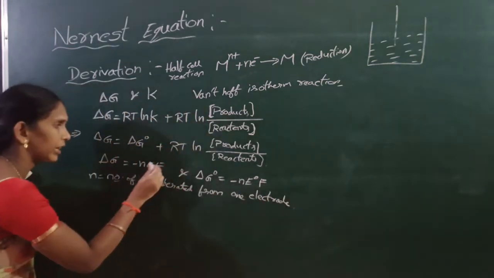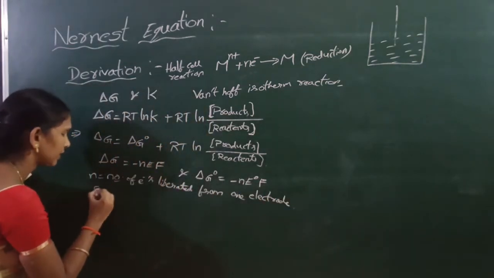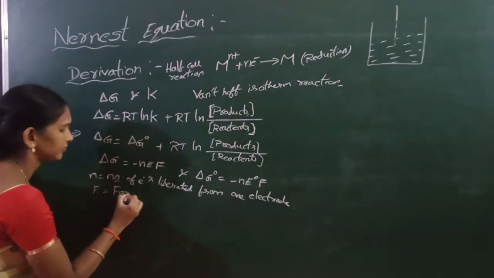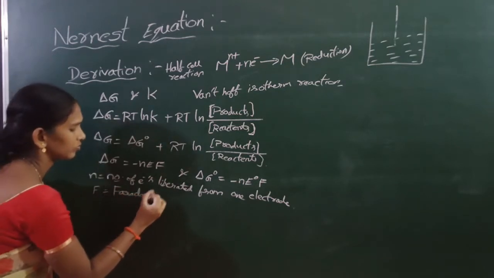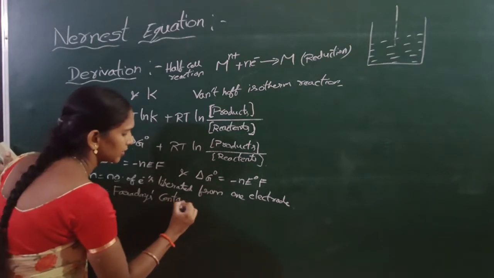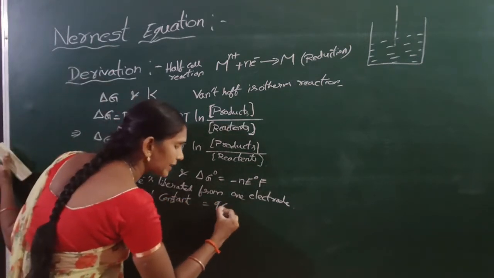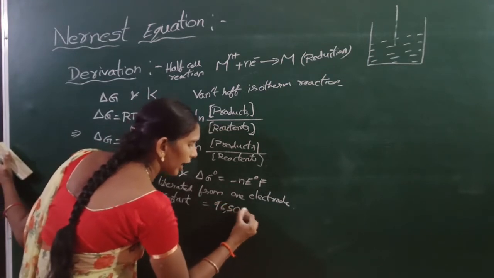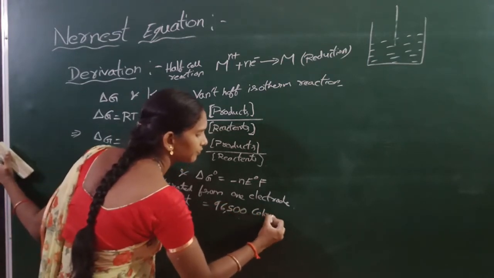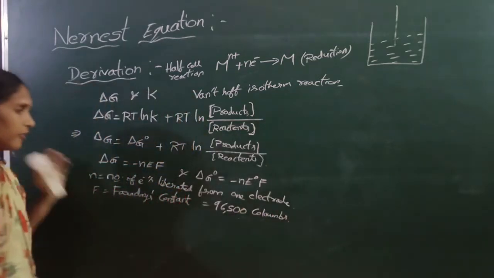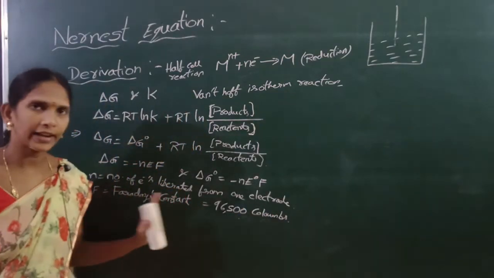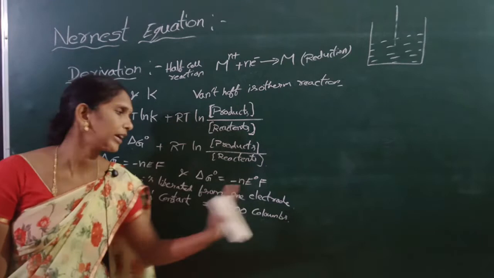Capital F means Faraday's constant. What is Faraday's constant? One Faraday is equal to 96,500 coulombs.